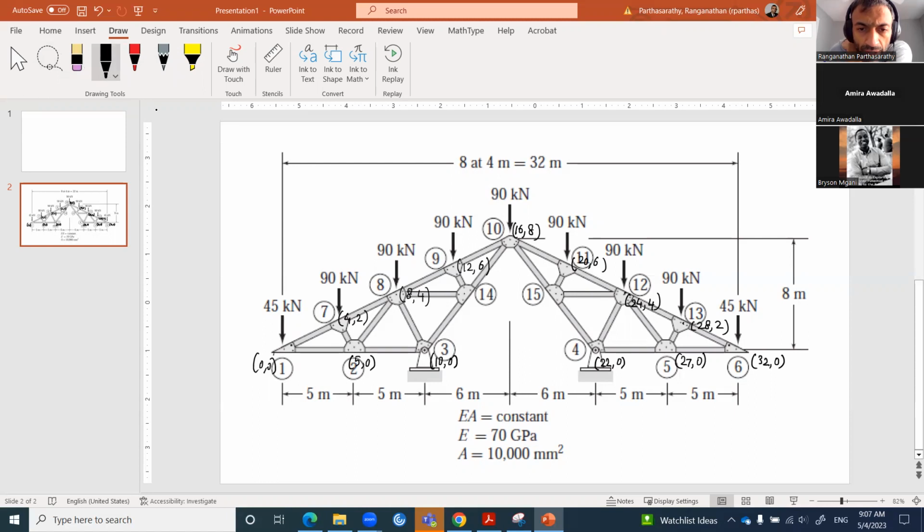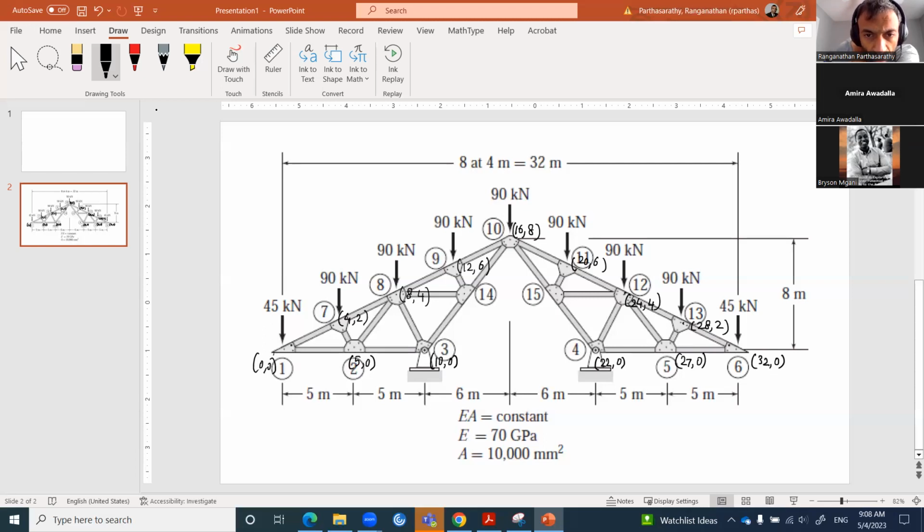Y is 4. X is... Yeah, we need to check it.